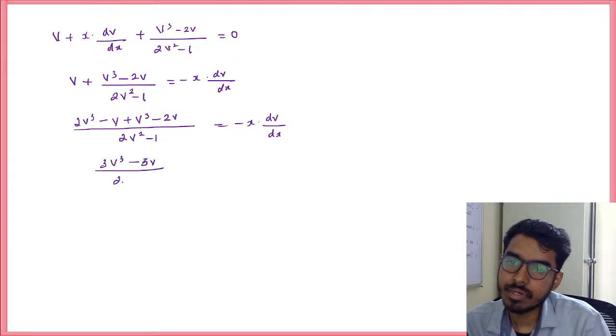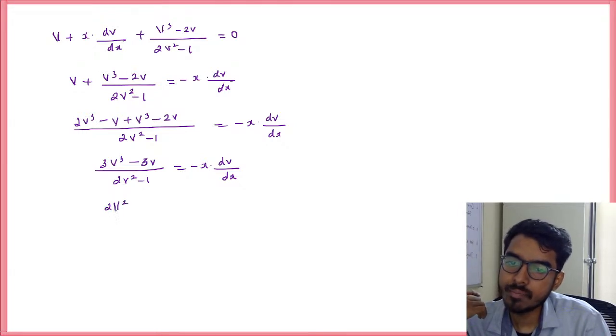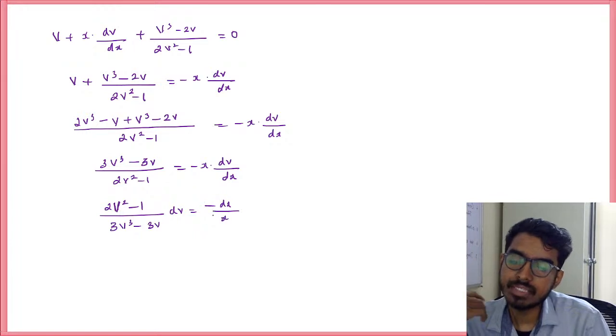So 3v cube minus 3v divided by 2v square minus 1 equals minus x into dv by dx. Separate the variables, and you will have 2v square minus 1 divided by 3v cube minus 3v dv is equal to minus dx by x. Variables are separated.